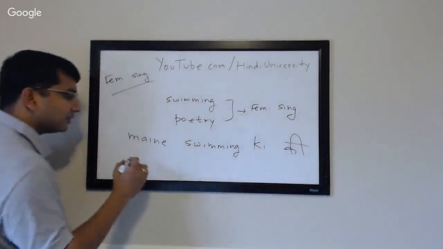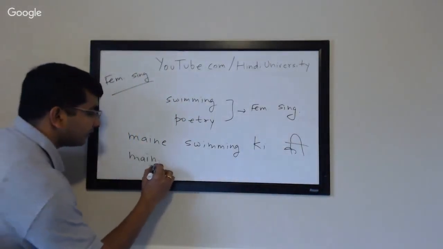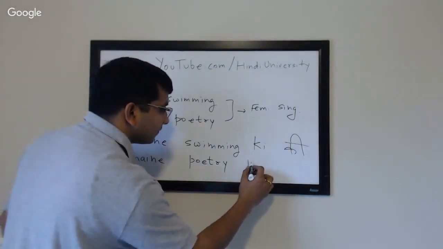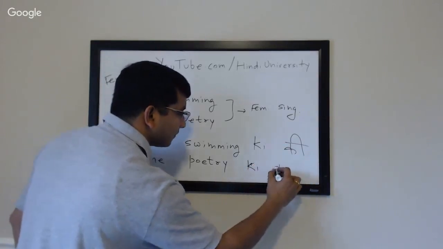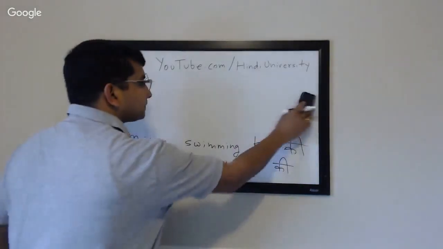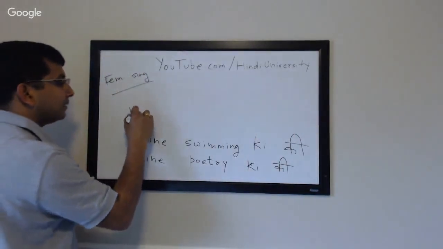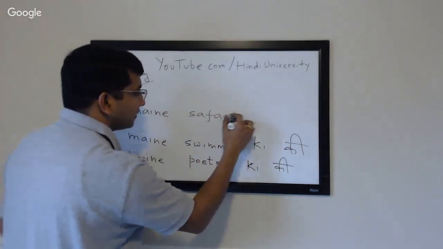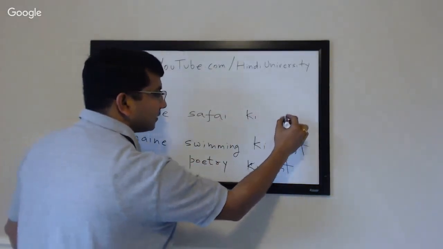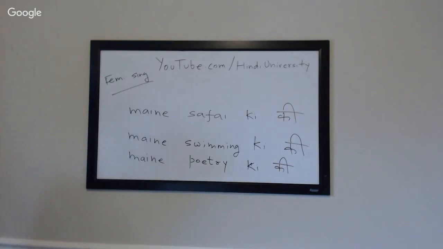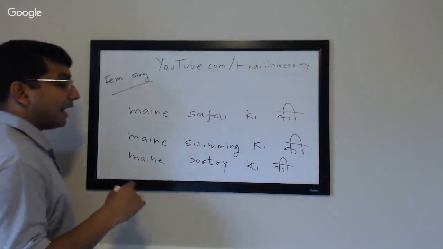You're just saying की. मैंने swimming की or you will say मैंने poetry की. मैंने स्विमिंग की, मैंने पोएट्री की, और मैंने सफाई की. आई डिड क्लीनिंग. मैंने सफाई की. और आई वर्शिप्ड.